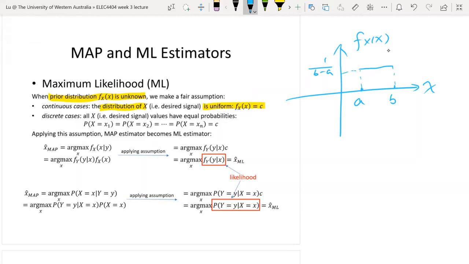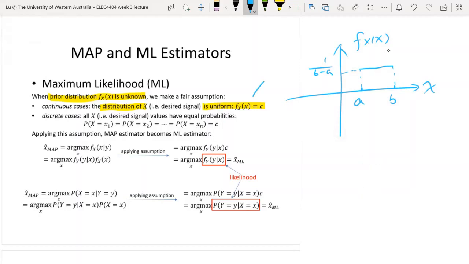So this is the PDF of the uniform distribution. We also mentioned the uniform distribution means within the AB region, all the x values have equal probabilities or equal PDF to be selected. So this is the meaning of the uniform distribution.